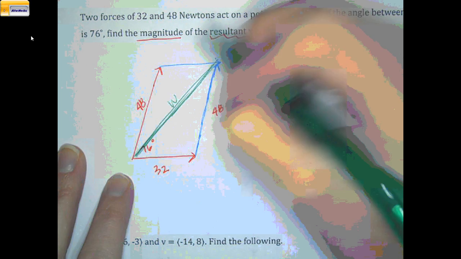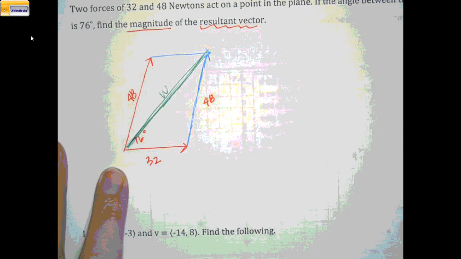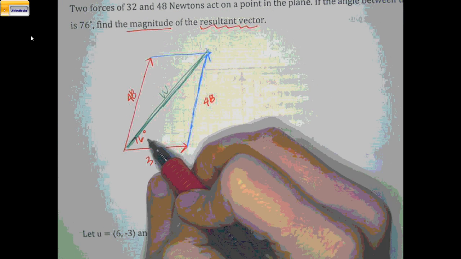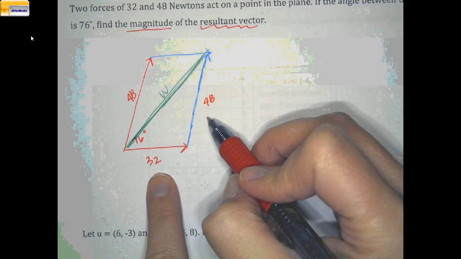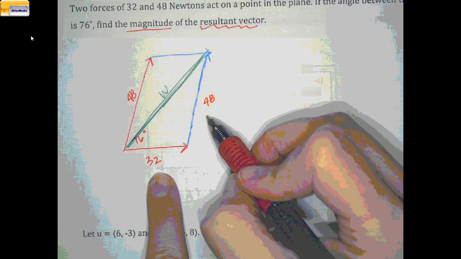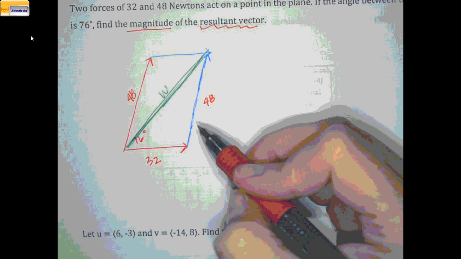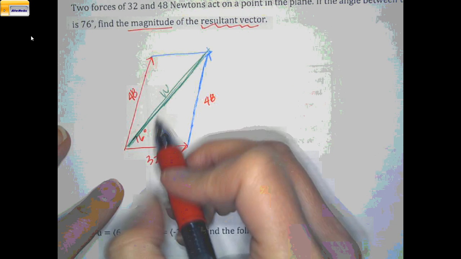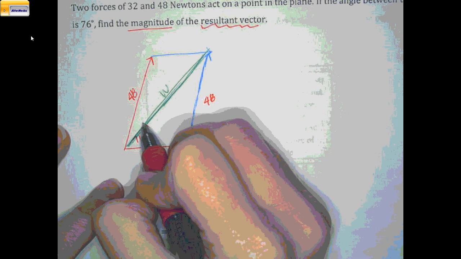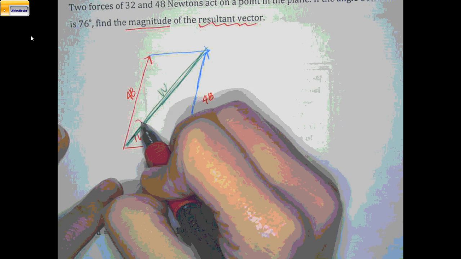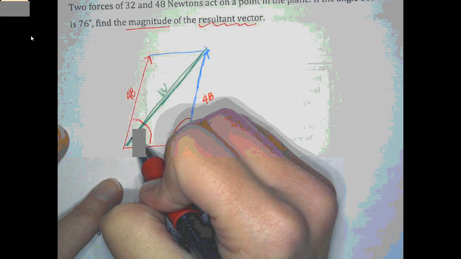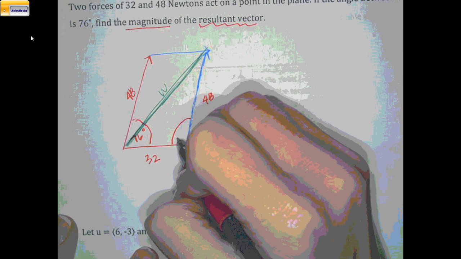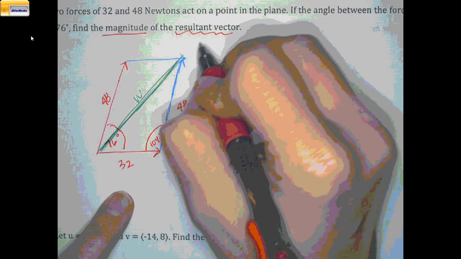Well, I've got this angle and two sides, but I need two sides and the included angle in order to pull off the law of cosines. So this angle and this angle are supplementary. So 180 minus 76 is going to be 104. So now I can do law of cosines.